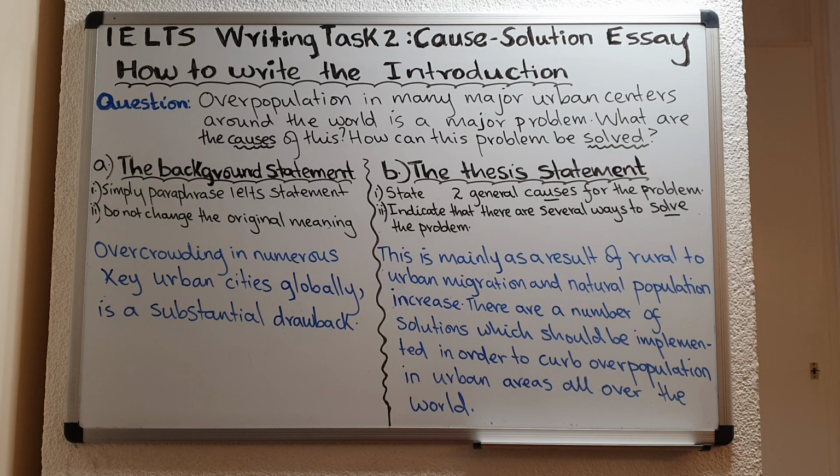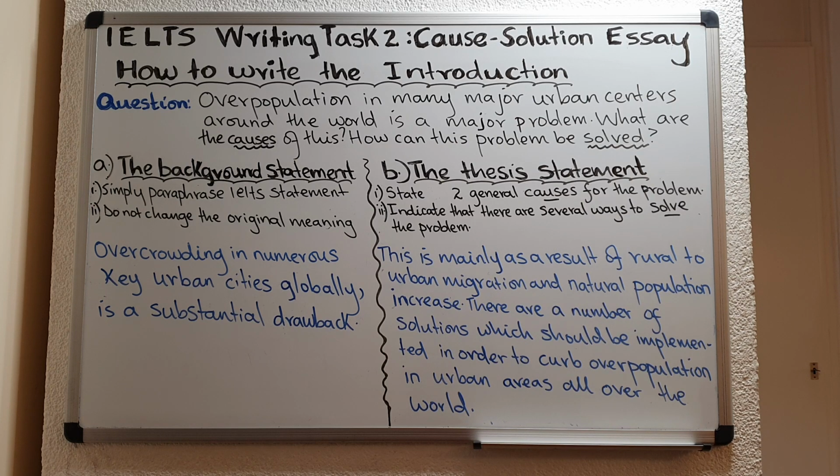So all you have to do is write the statement, there are a number of solutions which should be implemented in order to curb. And then you repeat the question, okay?